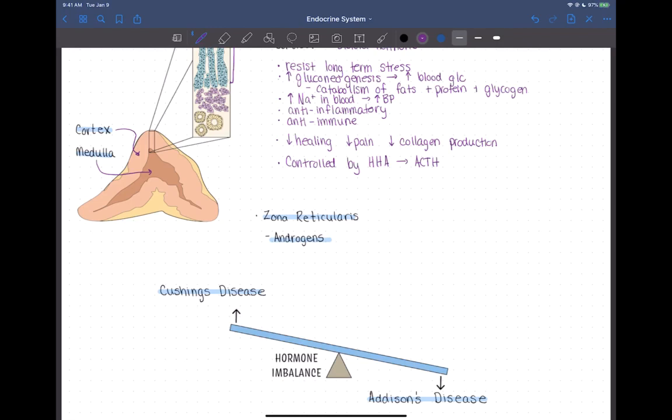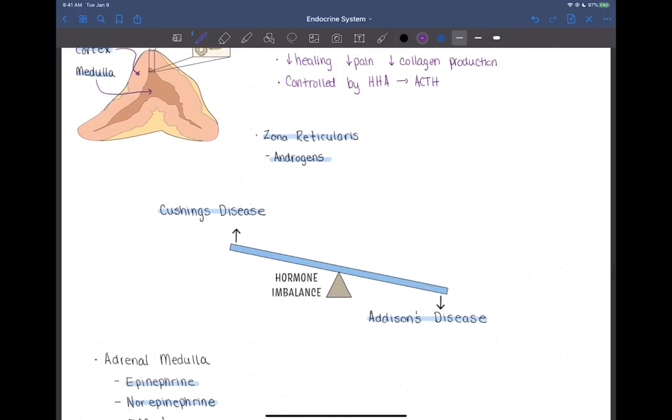We will come back to the zona reticularis. I just want to talk about a little seesaw here for our cortisol. You can have overproduction of cortisol, and you can also have not enough cortisol. Cushing's disease results from too much cortisol.